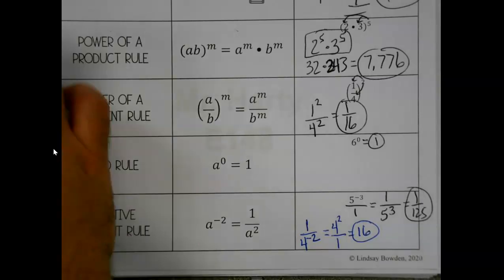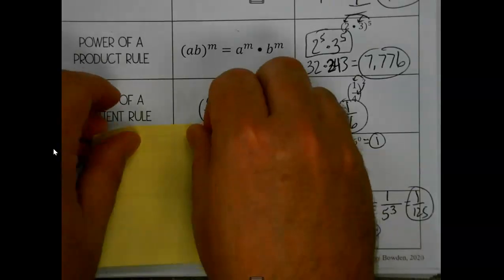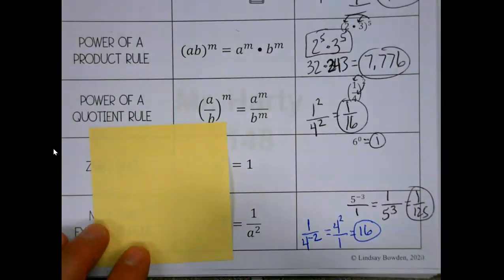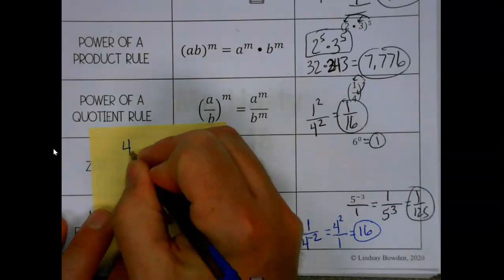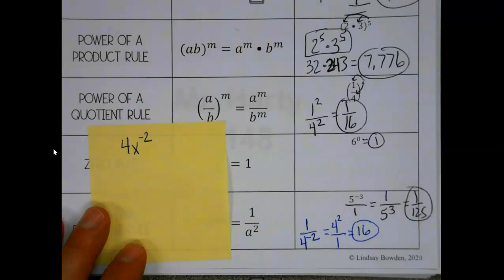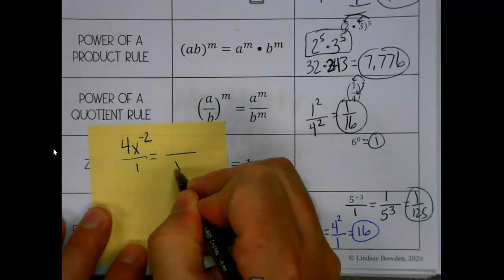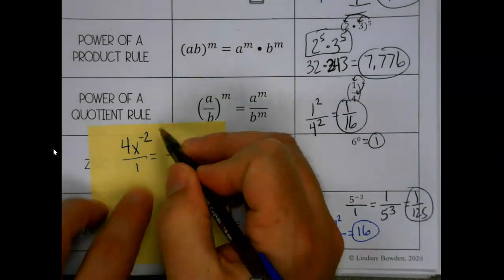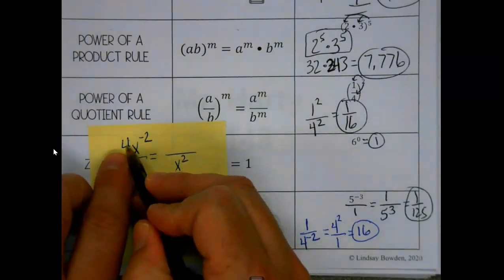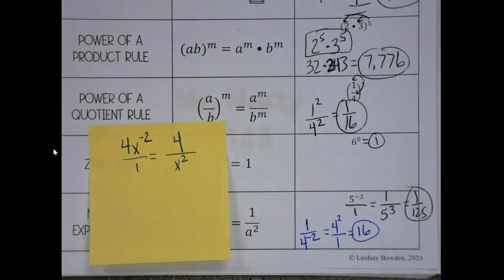So here's what I mean. I'm going to go to the sticky note example here. If I had 4x to the negative second sitting there looking at me, the only thing that's going to flip is the x to the negative second, because this 4 has nothing to do with that. The 4 would stay there.